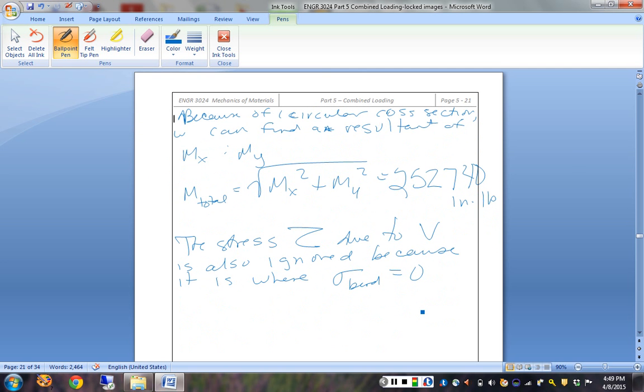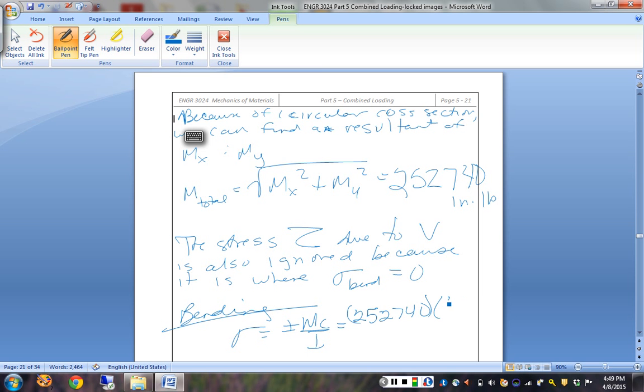All right, so what do we have left? We have a torsion and we have a single bending stress, since we've gotten the resultant of our two bending moments. So how do we get bending stress? That's our plus or minus MC over I. Our resultant was 252,740.